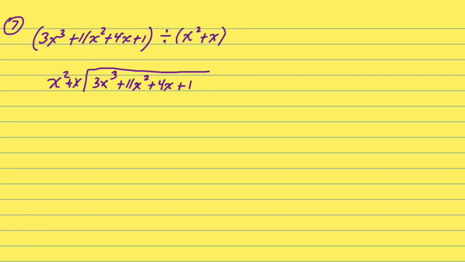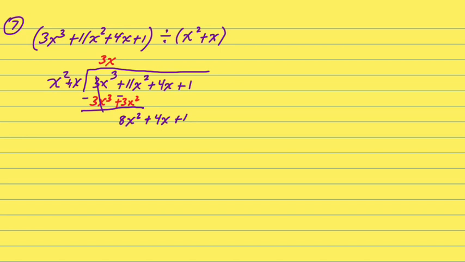So x squared times what is 3x to the third? 3x times x squared is 3x to the third. 3x times x is 3x squared. In division at this point, you're going to change your signs and add. So is that 8x squared? Bring down the plus 4x and the plus 1.